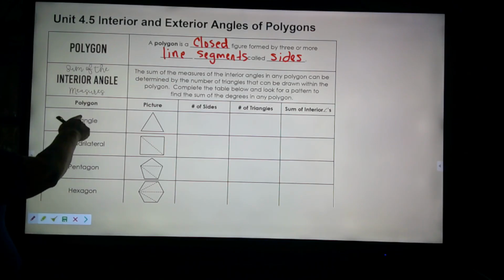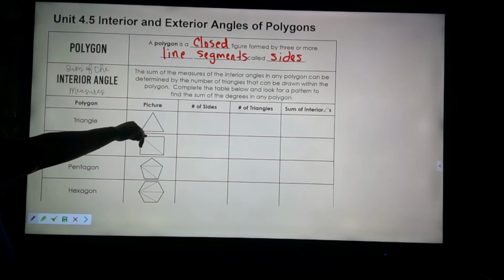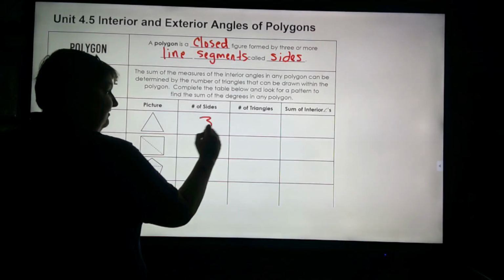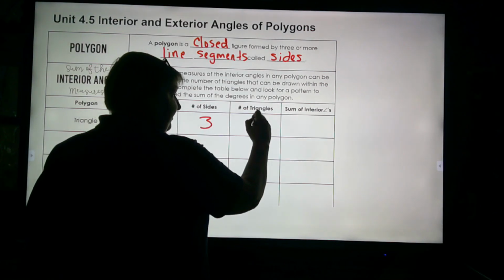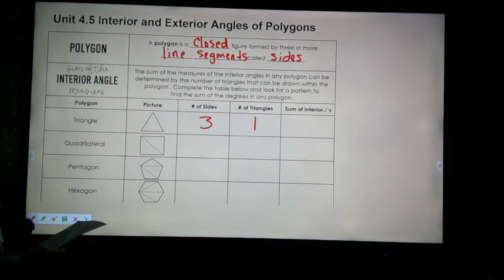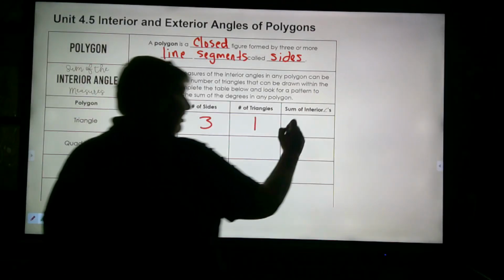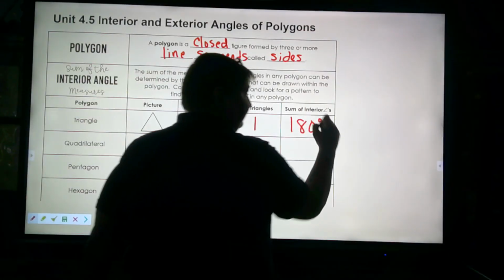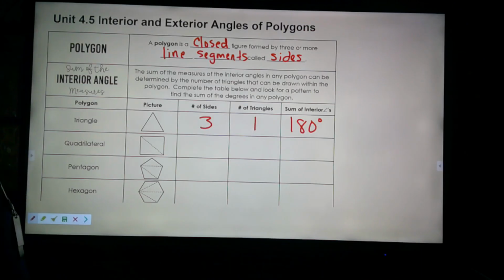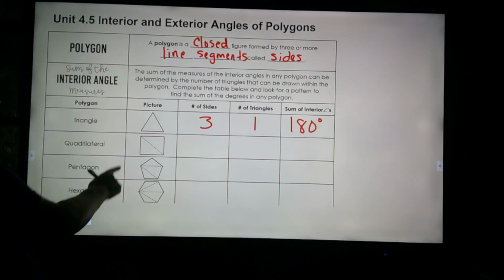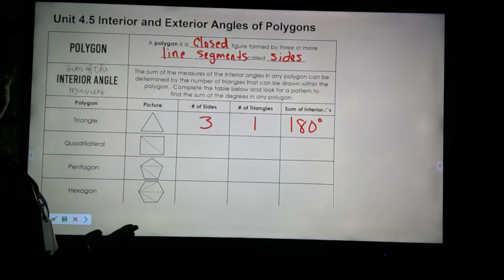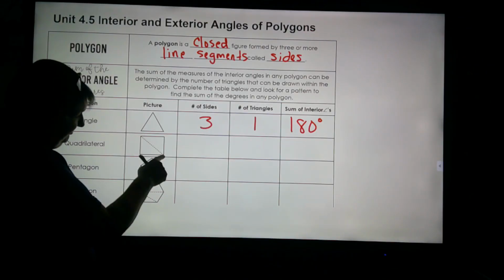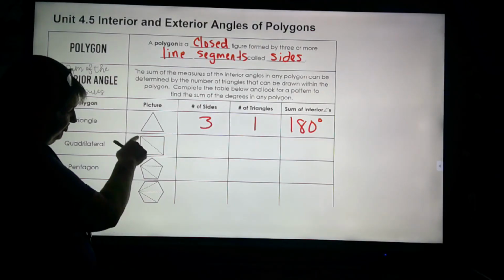So, for example, triangle, 3 sides, it makes one triangle, right? It makes one triangle, and it has to equal 180 degrees. Don't forget the little degree symbol. We can use this knowledge. A quadrilateral, right, a 4-sided, can be drawn into 2 triangles.